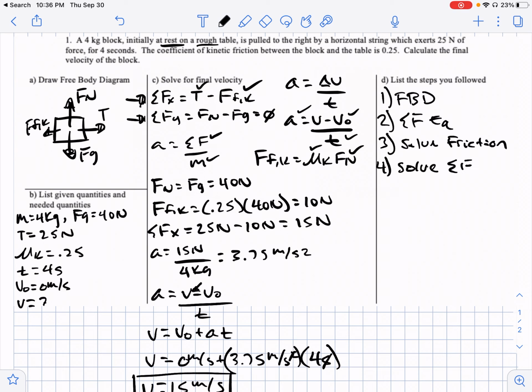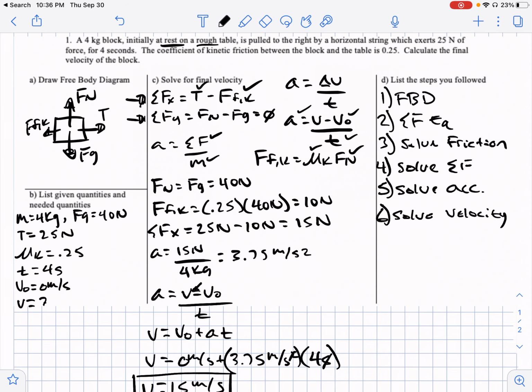And then after we had our net force, we used Newton's second law and we solved for acceleration. And then our last step was we solved for our final velocity. So that's the steps we took in solving this problem here.